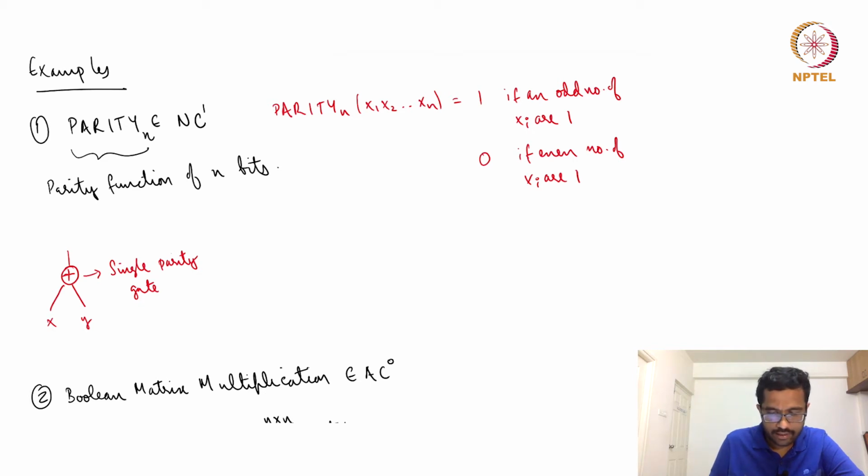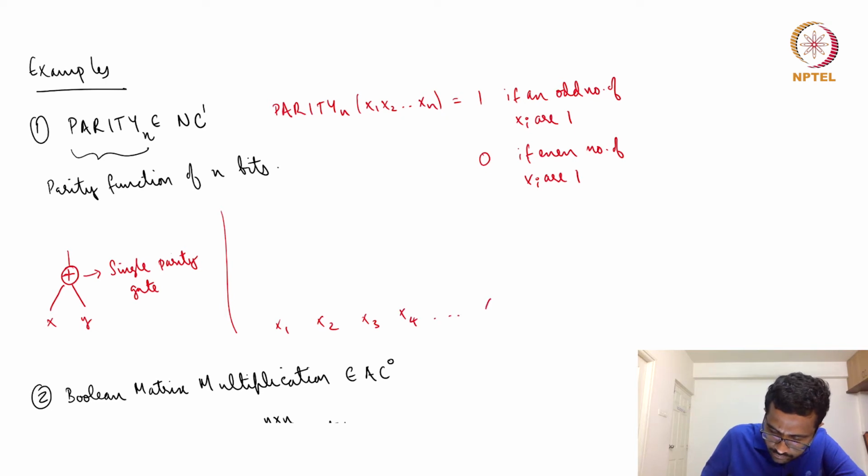You could just use AND gate and OR gate to construct this, right? So you can verify that. And now using this single parity gate, you could build a parity n gate. So you could have x1, x2, x3, x4 and so on, xn minus 1, xn.